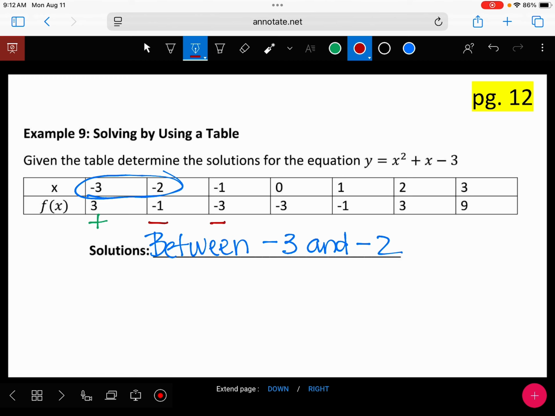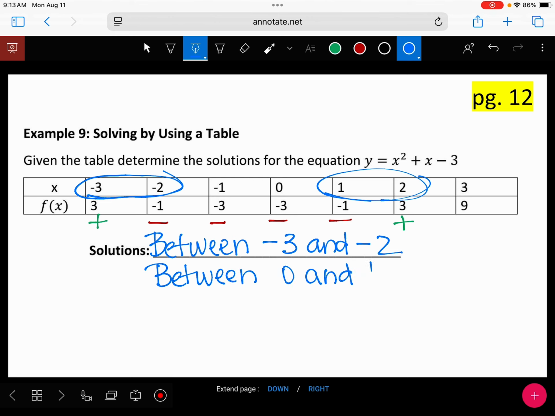All right, so then it's negative, negative, negative. Okay, then it hits the positive right here. So my second solution is between 0 and 1. All right, I want you to try to do example 10 on your own. I'm going to see if you get them right.